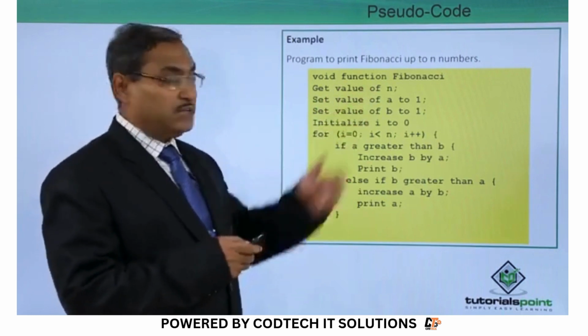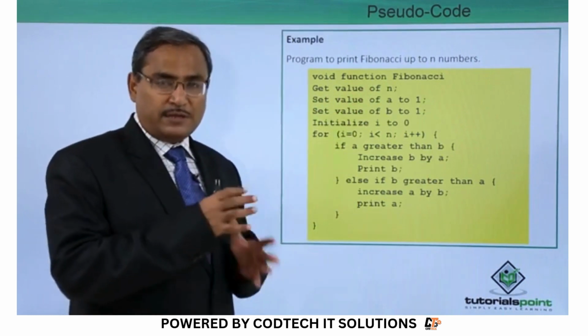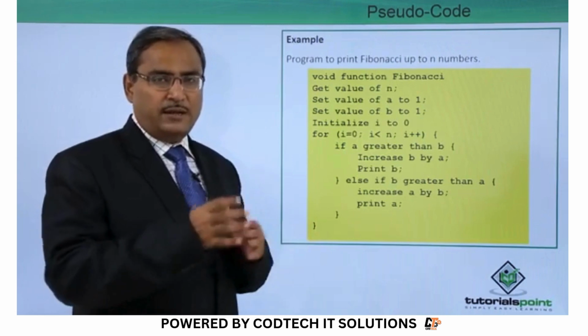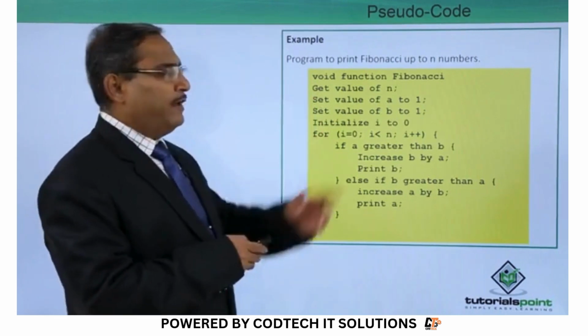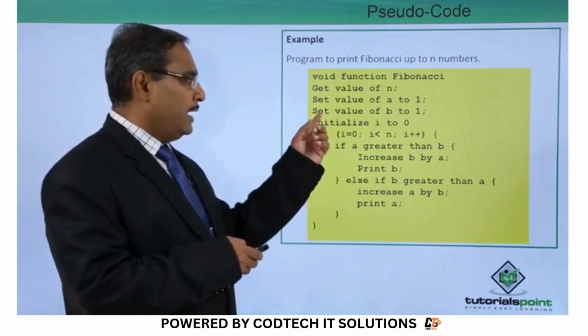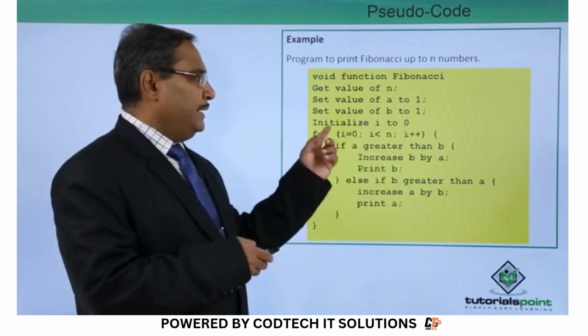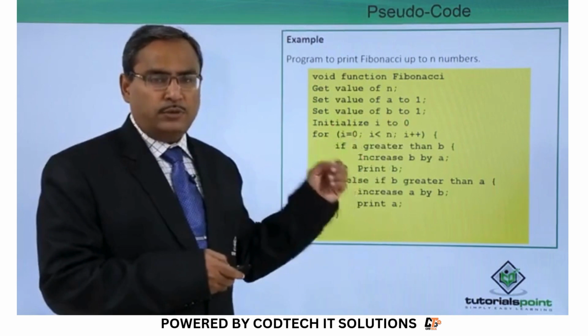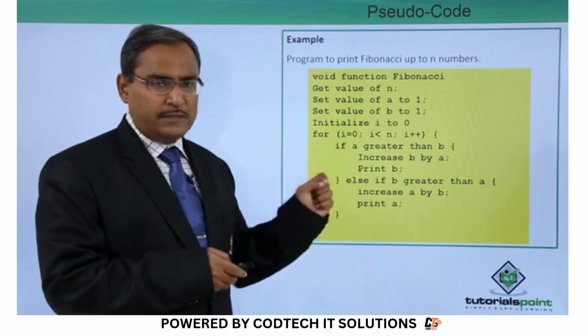In Fortran the function keyword is there. So, it is a mixture of C, Pascal and Fortran programming paradigms. Now, get the value of n, then set the value of a to 1, set the value of b to 1, initialize i to 0. So a is 1, b is 1, i is 0.